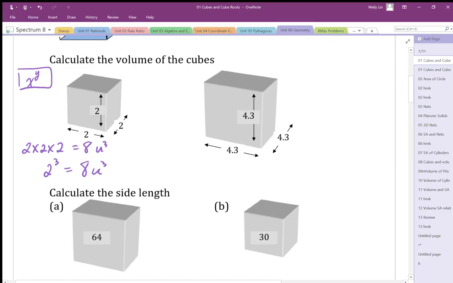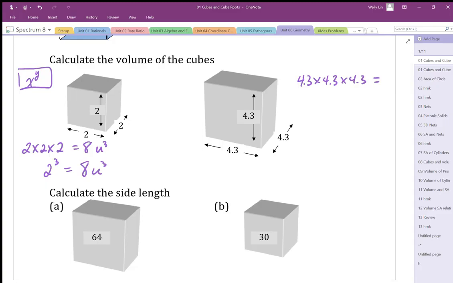The same thing can be done with 4.3 cubed. We could do 4.3 times 4.3 times 4.3, and that's equal to whatever that's equal to. I'm not too sure. I don't have my calculator on me.